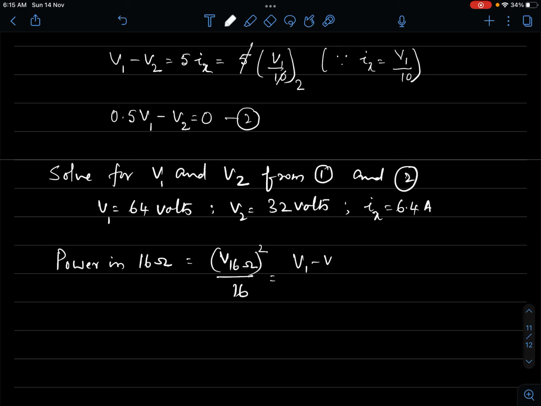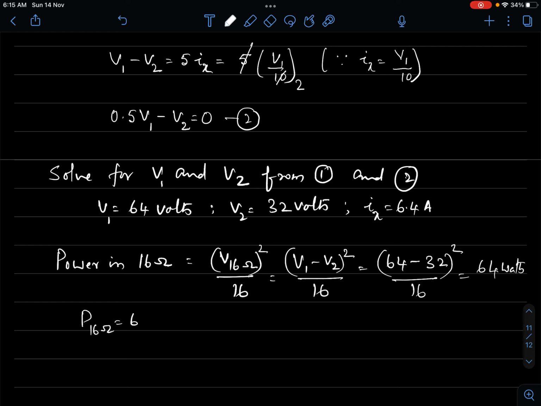It is V1 minus V2, whole square divided by 16. This is 64 minus 32 whole square divided by 16. Or it is simply 5 times Ix whole square divided by 16. You will get it to be 64 watts. So power in 16 ohms is 64 watts.